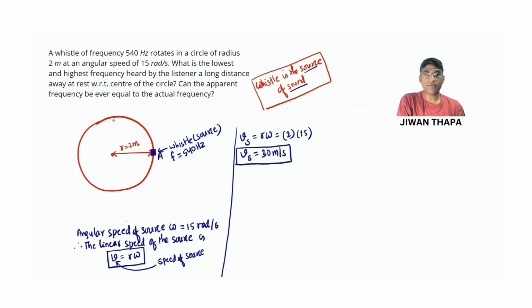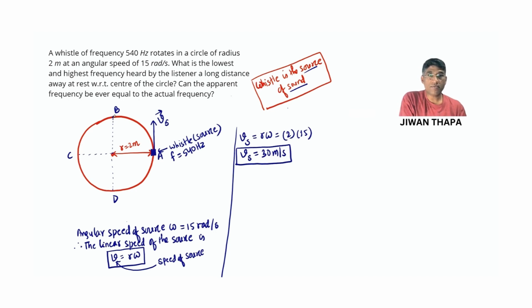This is A, next point B, point C, and point D. I can take other points also. The direction of velocity at point A is along the direction of the tangent drawn at point A.